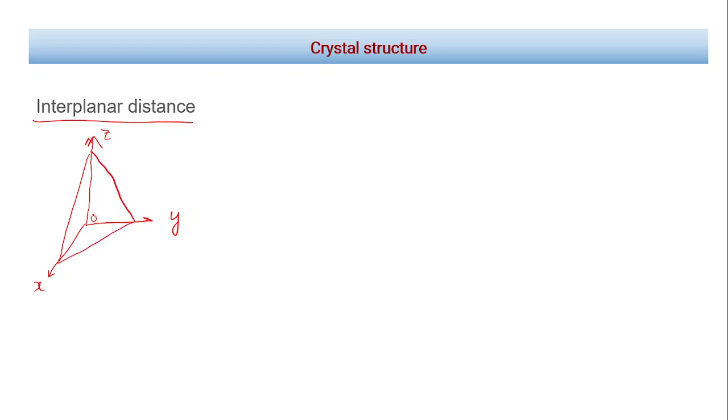This is origin O, and let's say it's intercepting at A, B, C. How do we know how much the intercept is? If I'm calling this my HKL plane, we know how we get to the Miller index. First we see the intercept at the XYZ axes, then we take the reciprocal of those numbers, then we get this. That means the intercept will be the reciprocal of this.